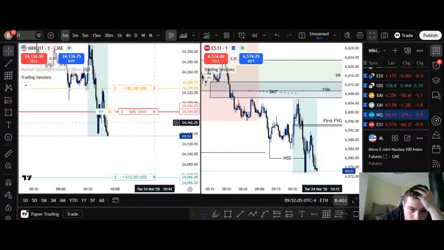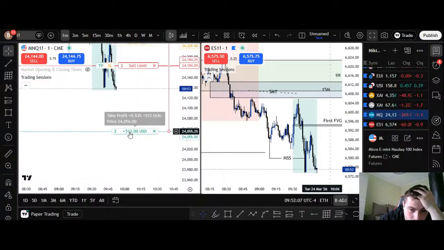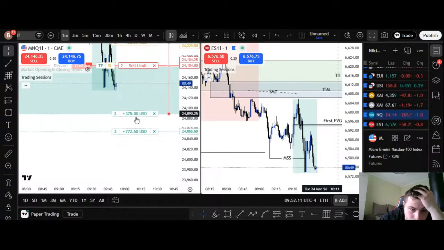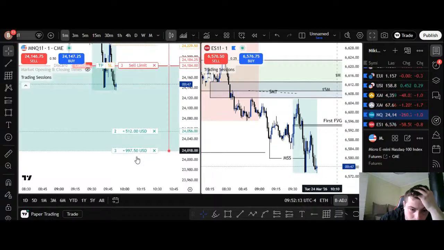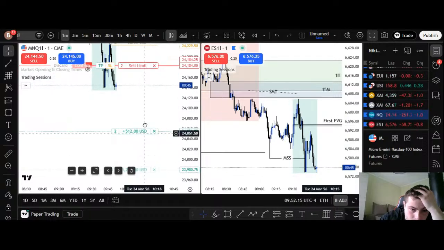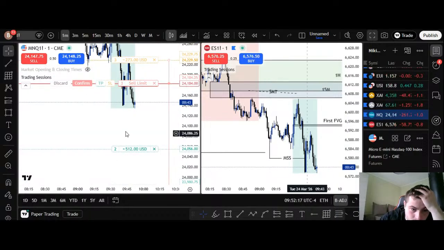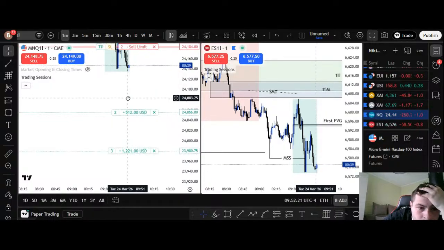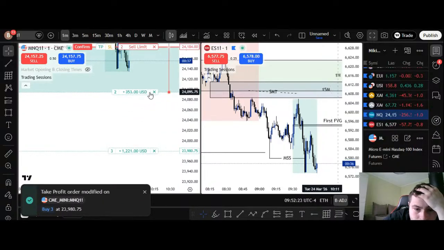It seems like it doesn't go there yet. 24,095 is my first take profit target, but I'm not going there yet. I'm going to hold. So I'm confirming this. The first take profit target is at this point, if I'm not wrong.